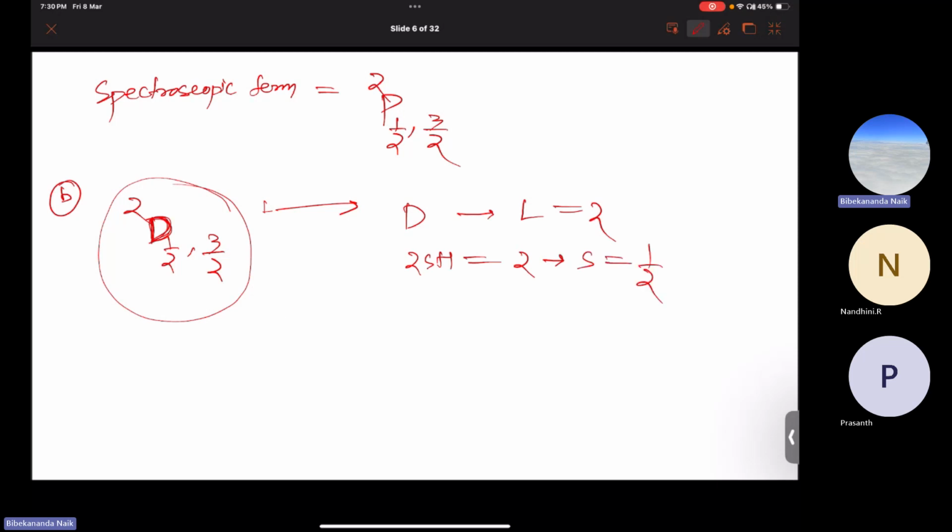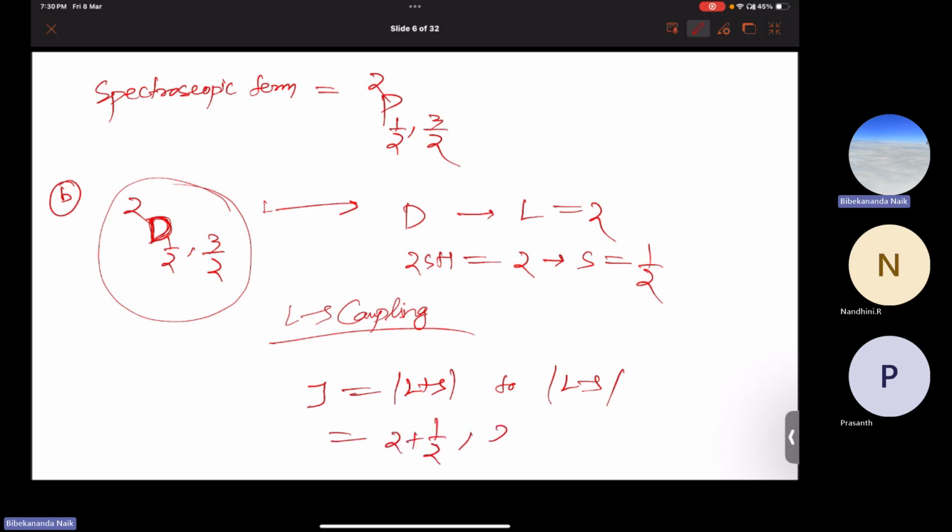So according to LS coupling, J is L plus S to L minus S, it will be 2 plus half and 2 minus half. So it is 5 by 2 and 3 by 2.